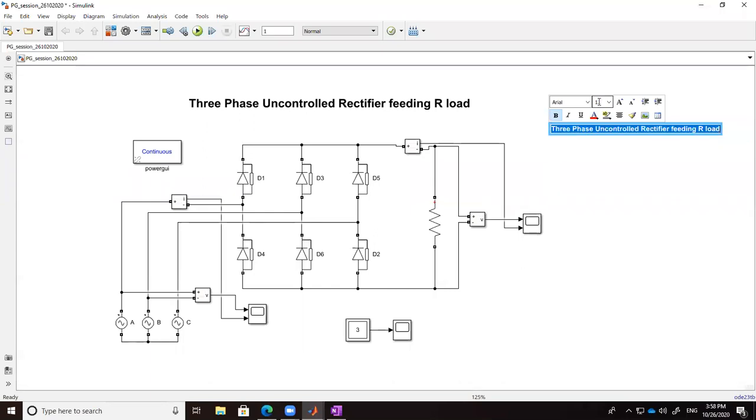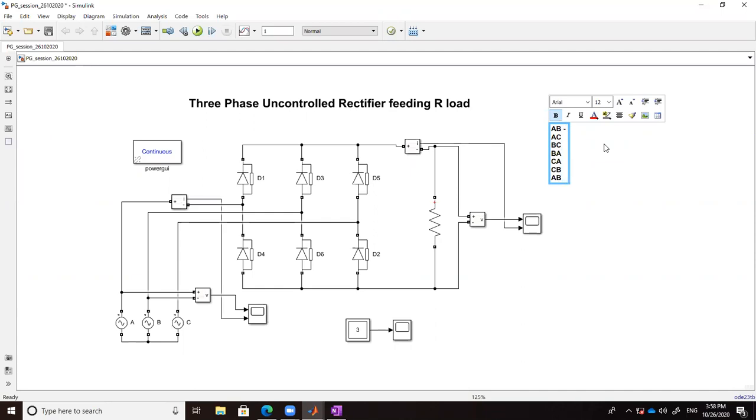So I will write 12 points. Okay. AB, then AC, BC, BA, CA, CB, AB.